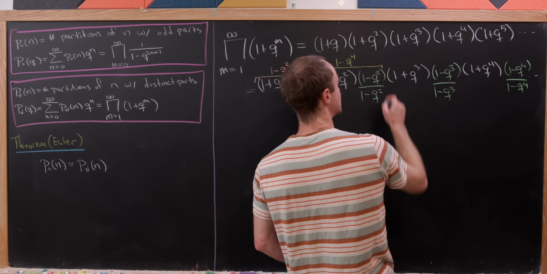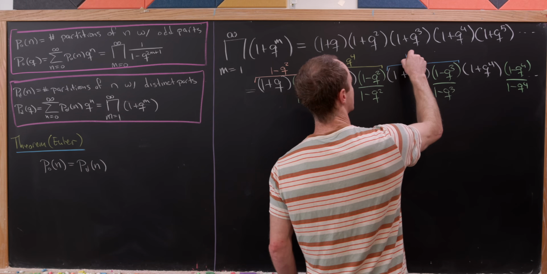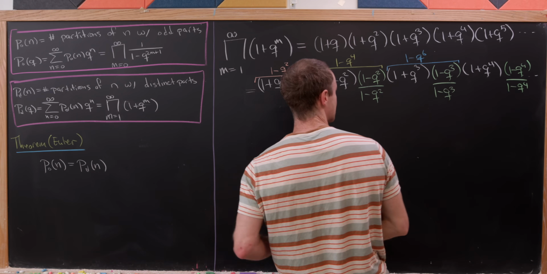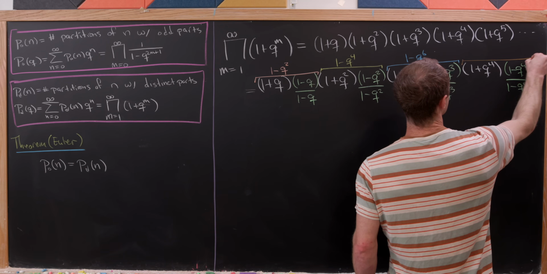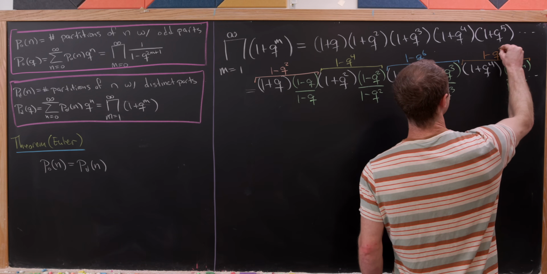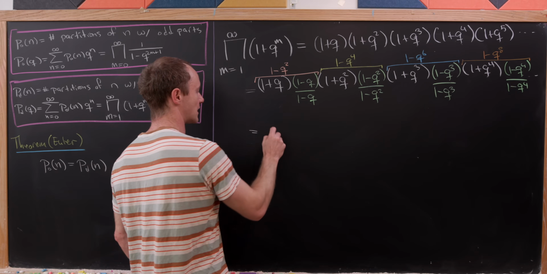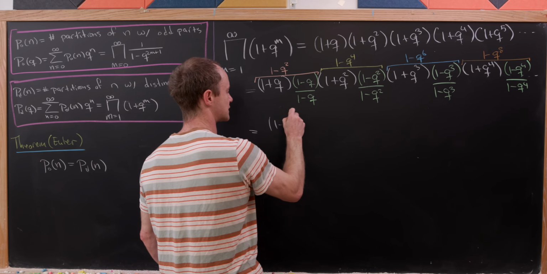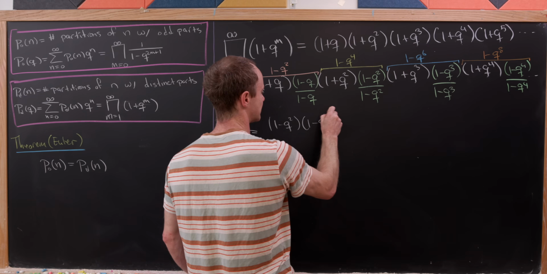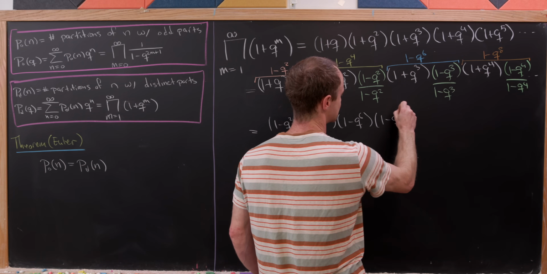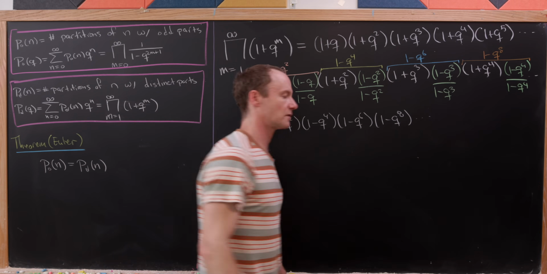I can group these two together. That'll leave me with 1 minus q to the 6th. And then finally, I can group these two together. That'll leave me with 1 minus q to the 8th. But now let's see what we've got. In the numerator, I'll have 1 minus q squared times 1 minus q to the 4th times 1 minus q to the 6th times 1 minus q to the 8th, and so on and so forth.